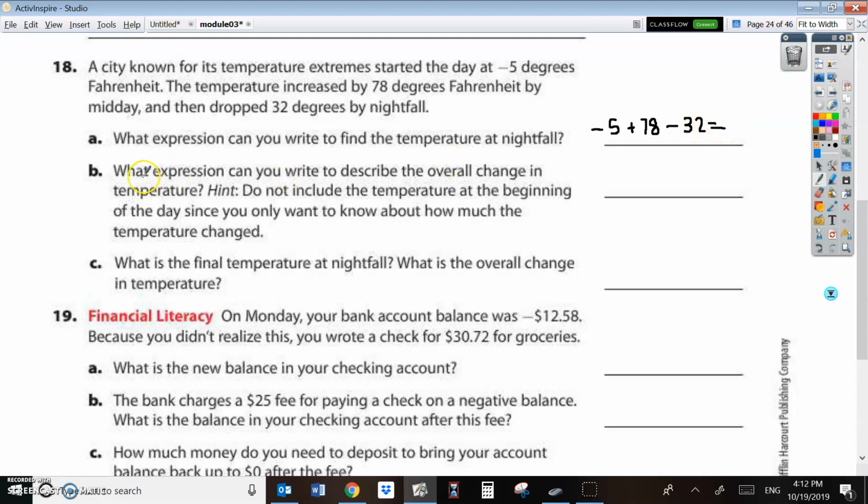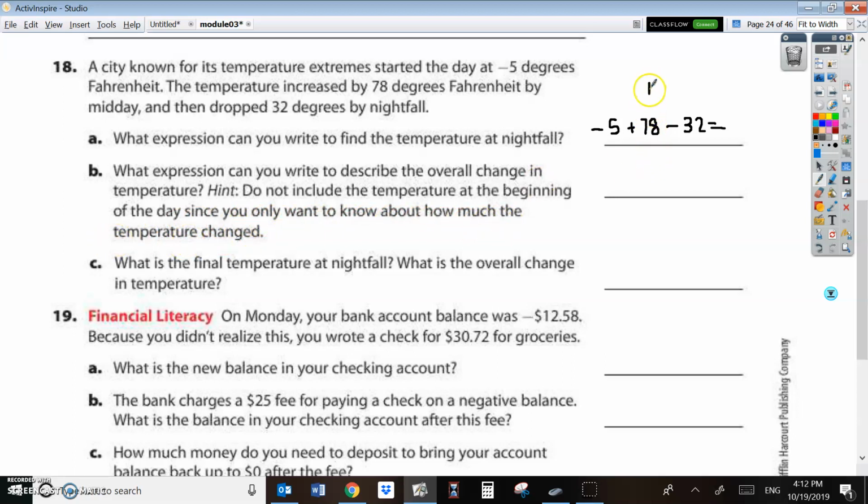Okay. What expression can you write to include the overall change in temperature? So the overall change is going to be combine your two negatives. Hint, do not include the temperature at the beginning of the day since you only want to know how much the temperature changed.